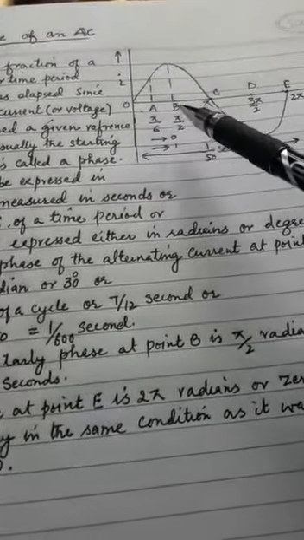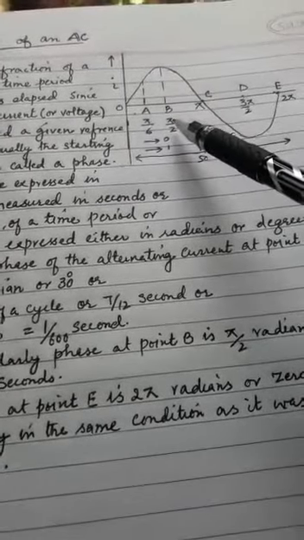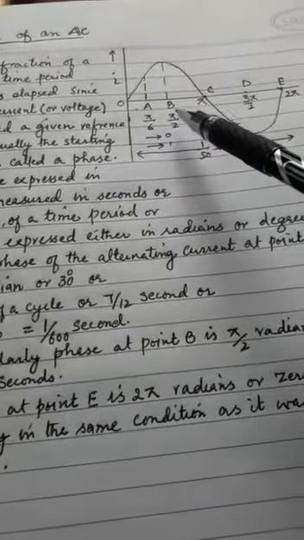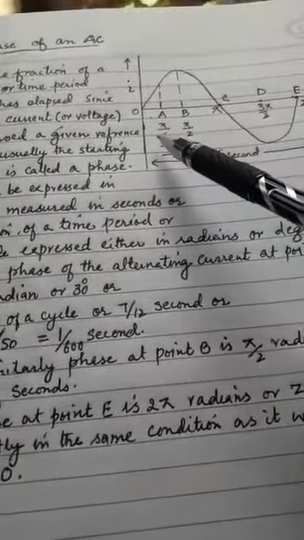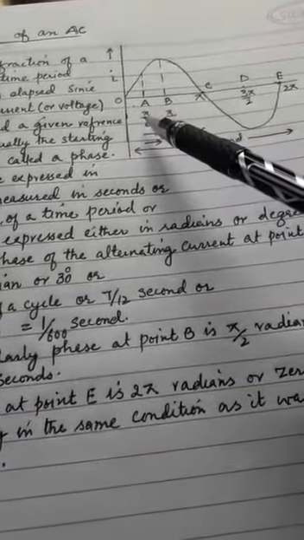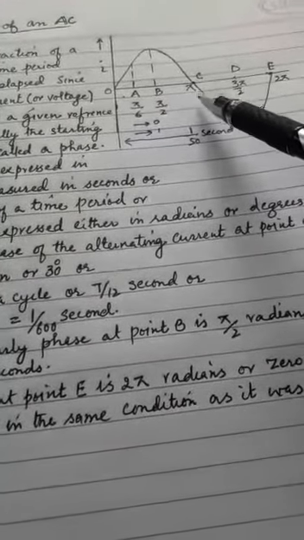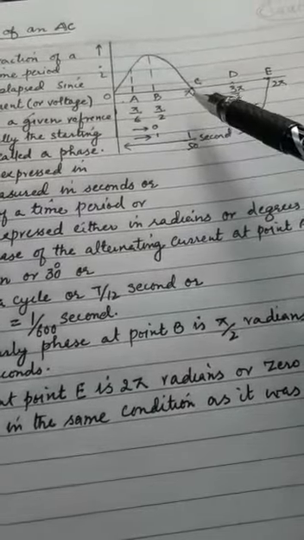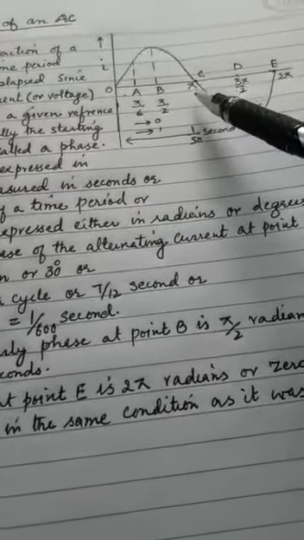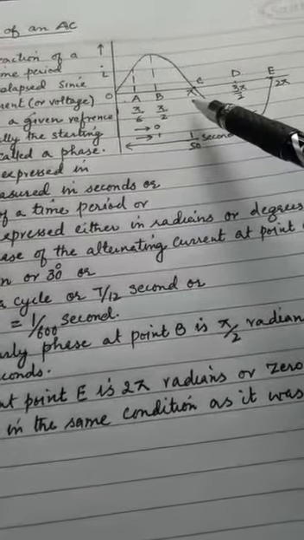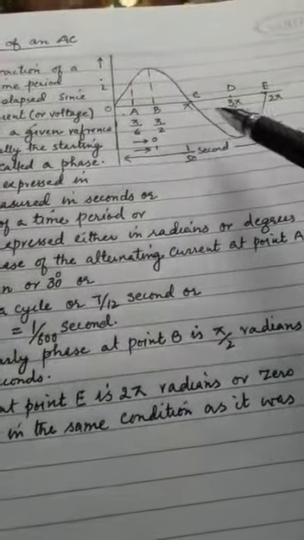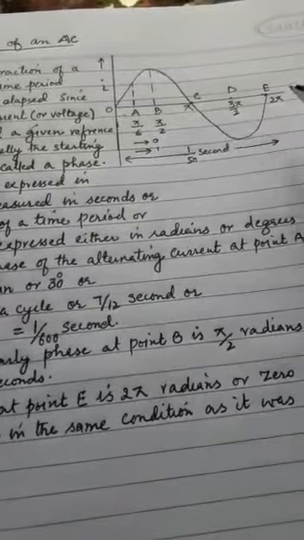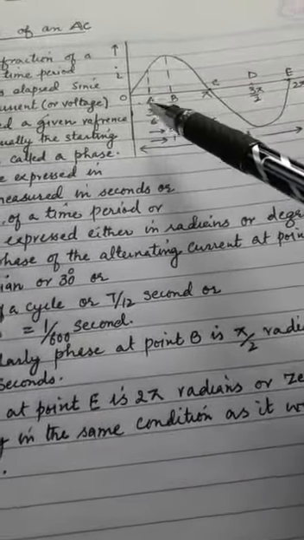This is your 1 by 4th section, which is a little bit greater than this portion. This is the 1 by 2 portion, half of the cycle. Naturally these portions are to be considered. This is the 1 by 12th portion.